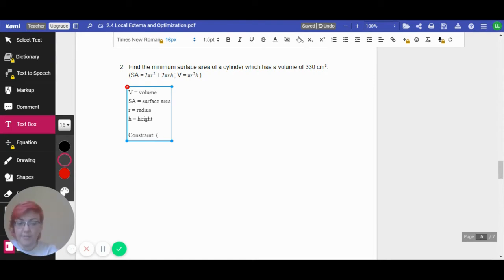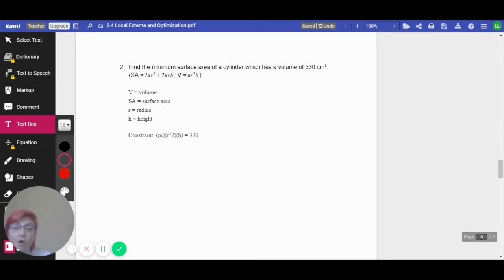So I'm going to write pi for pi. Pi r squared h must equal 330. So I need to figure out a way to rewrite that constraint. So do I want to do this in terms of r or in terms of h? I'm going to go in terms of r.